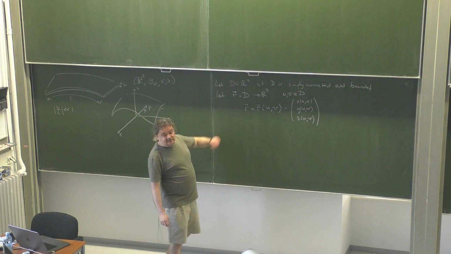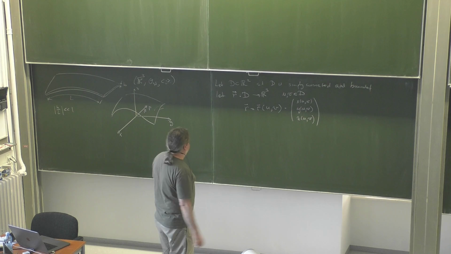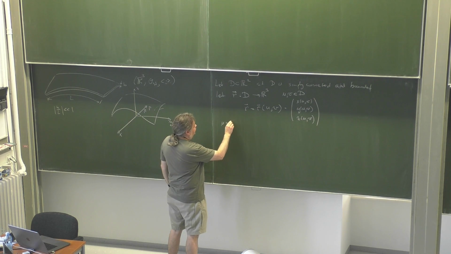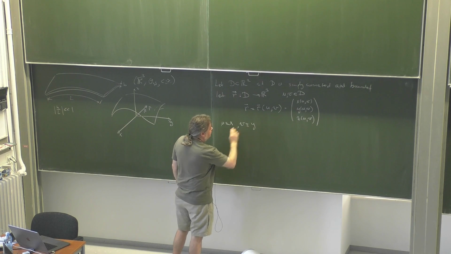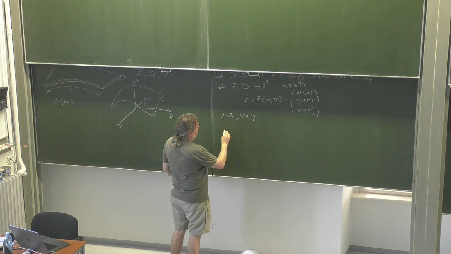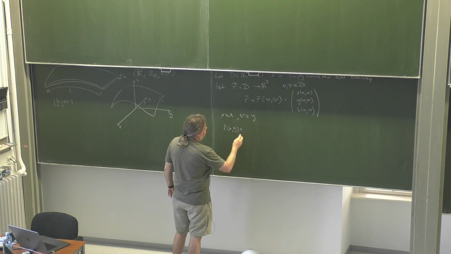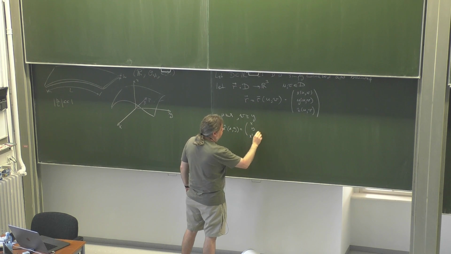You've already seen this many times in regular classes, right? So for example, I can have u equal to x, and I can say v is equal to y, let's say, and then I can define a surface of x and y, which is, let's say, x, y, x squared plus y squared, right?